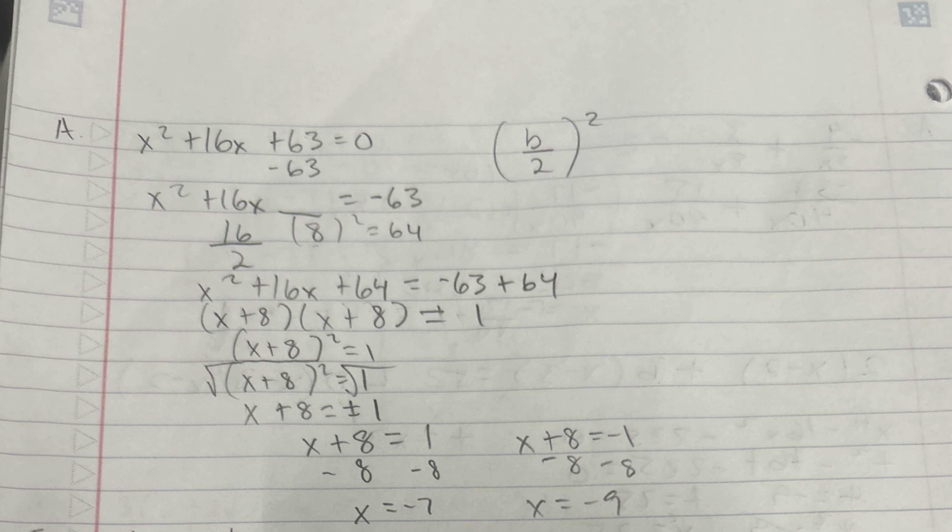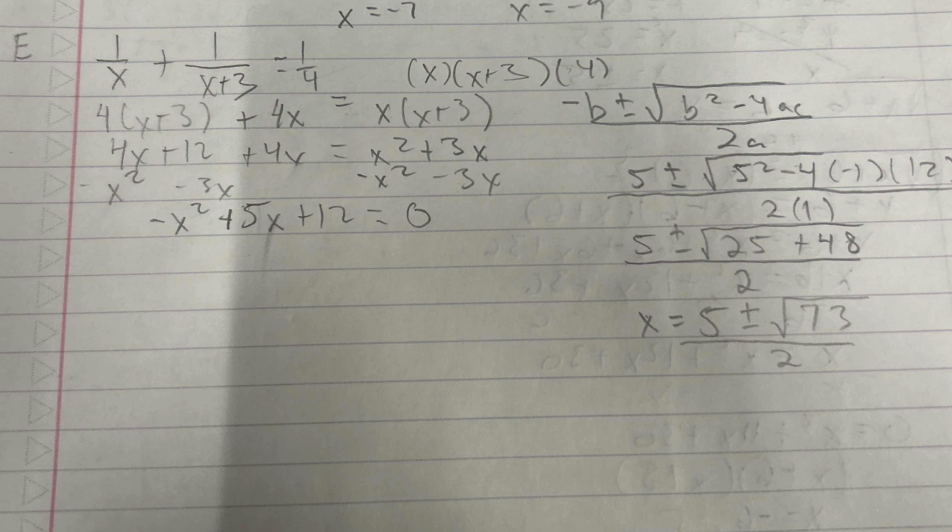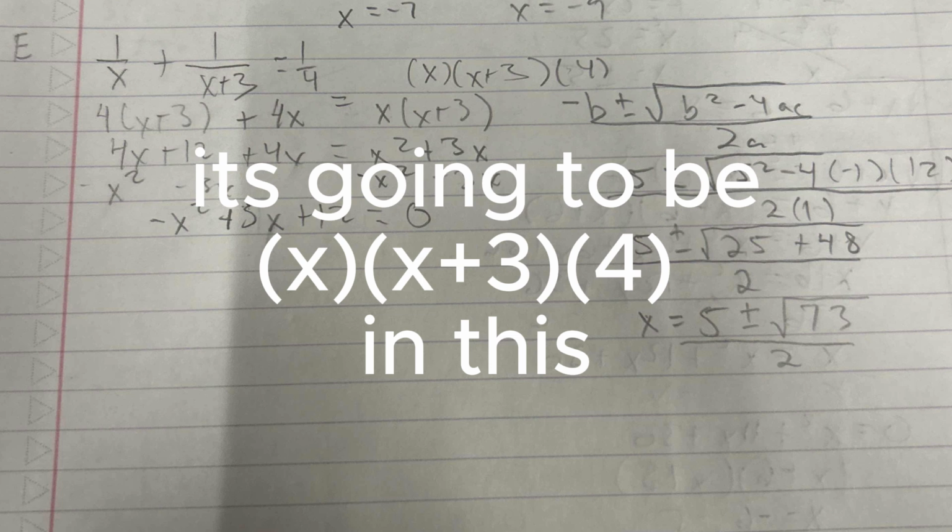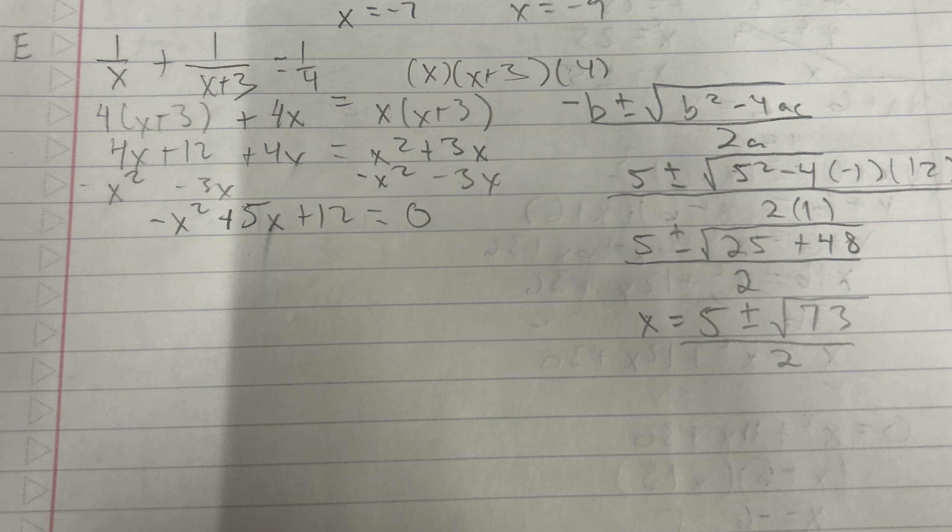We're going to use that Chinese technique I talked about earlier. Whatever the LCD is, it's going to be the three terms, and you just write them right next to each other. So the LCD is (x)(x plus 3)(4). That's your LCD.